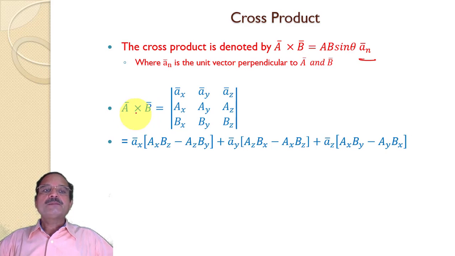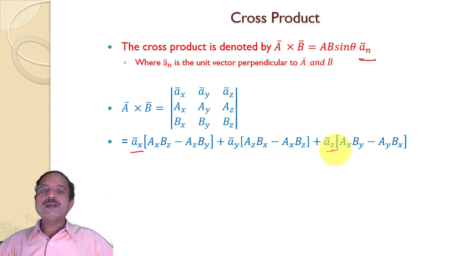To calculate the cross product between vectors a and b, we use this matrix notation. We find the x component of the product. The x component is aybz minus azby, plus the y component, which is azbx minus axbz.